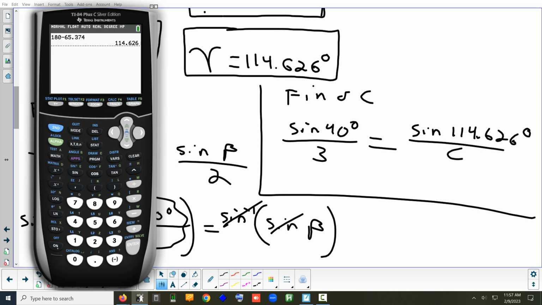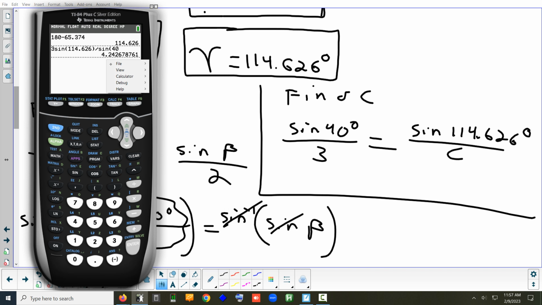So we're going to get 3 sine 114.626 divided by sine 40. Rounding to 3 decimal places is going to give us enough accuracy that you should be okay. So let's say you got an answer here of like 4.5. That's way too far off.